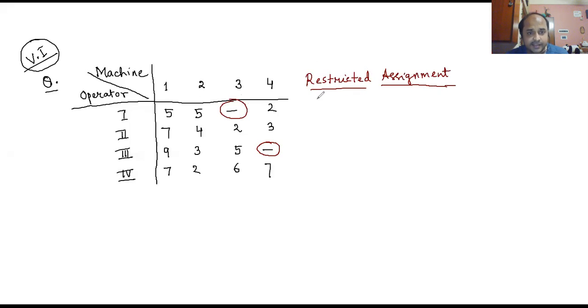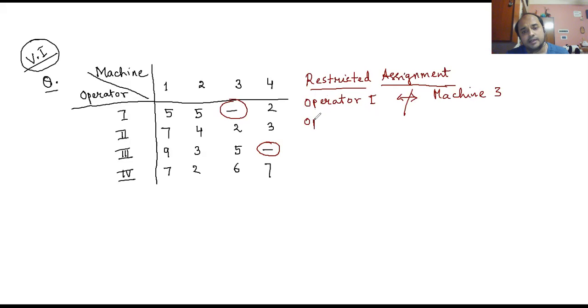What is the restriction? The restriction is operator 1 cannot be assigned machine 3 for some reason or other. We don't want to know.